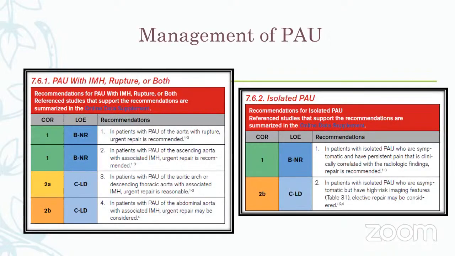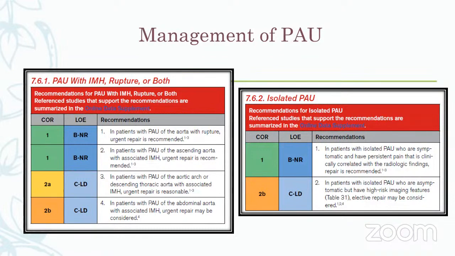So, the management of the penetrating atherosclerotic ulcer can be divided into two: if the penetrating atherosclerotic ulcer is present with intramural hematoma or rupture, or if it is an isolated one. So we will start with the penetrating atherosclerotic ulcer associated with rupture or intramural hematoma. If it is associated with rupture, urgent repair is a class 1 indication.